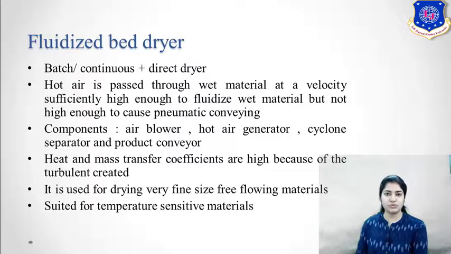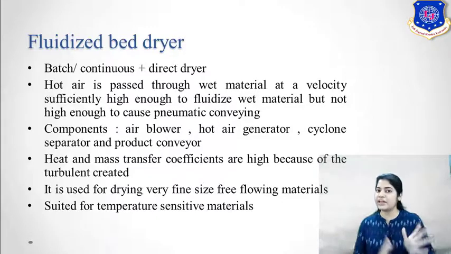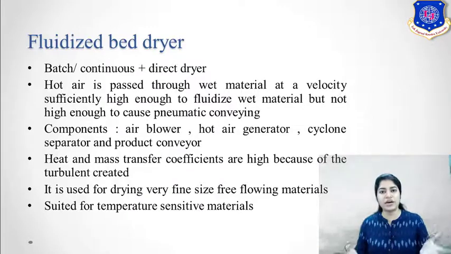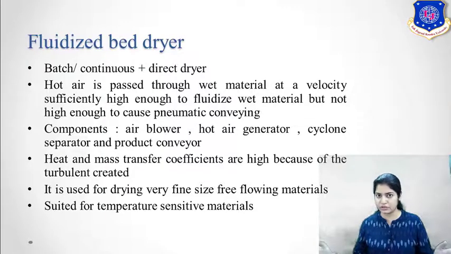Hot air is passed through the wet material at a velocity sufficient to fluidize this wet material, but not high enough to cause pneumatic conveying. So the velocity is very important here. The velocity of hot gas should be limited so that it only suspends your wet solid. You don't have to transfer it from one part to the end part of your drying chamber.